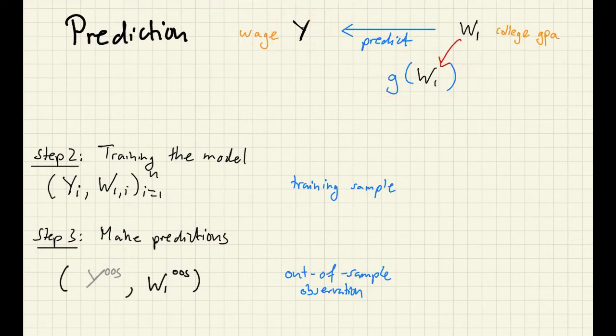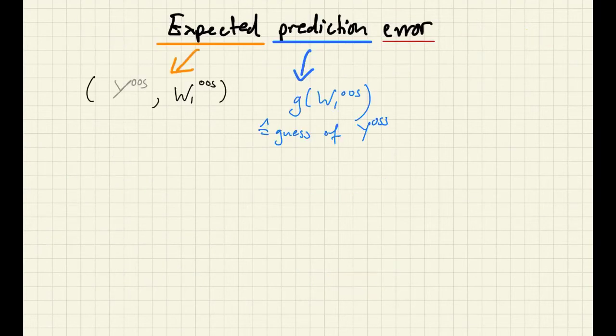The difference between those two quantities is called a prediction error. Our prediction error is the difference between the outcome that we're trying to predict and our prediction.